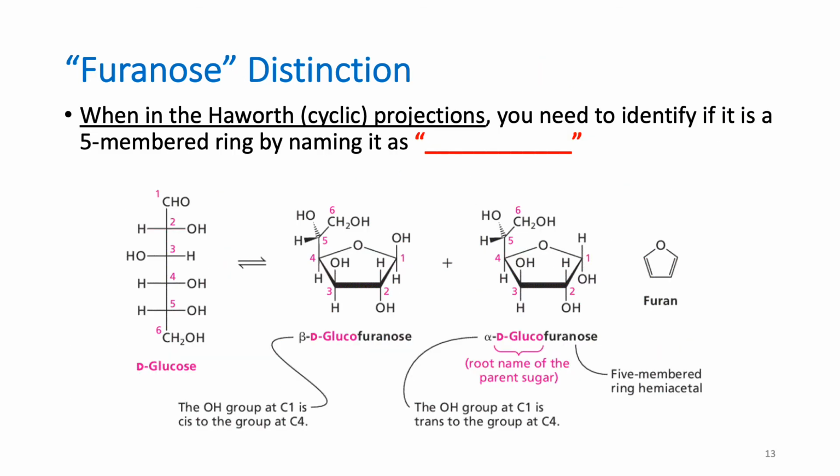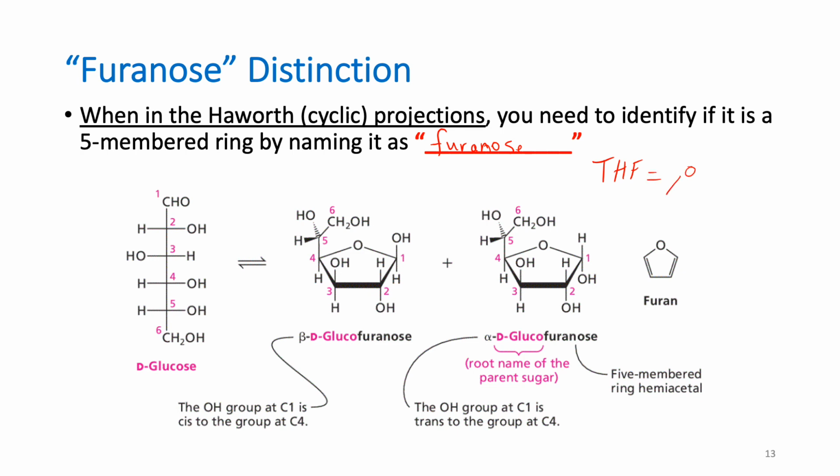Now that we're dealing with cyclic models, aka Haworth projections, we need to learn new distinctions. So when you form the 5-membered ring in the Haworth projection, we're going to call these furanoses. And so 5 meaning furanose. You may recall a solvent in organic chemistry at this point called THF, which is tetrahydrofuran.